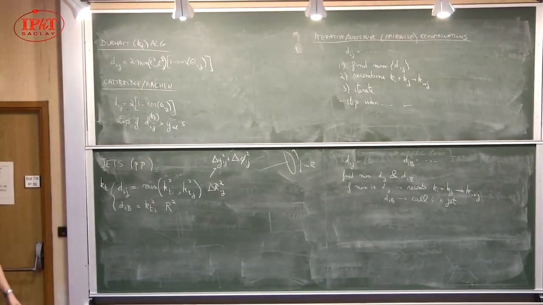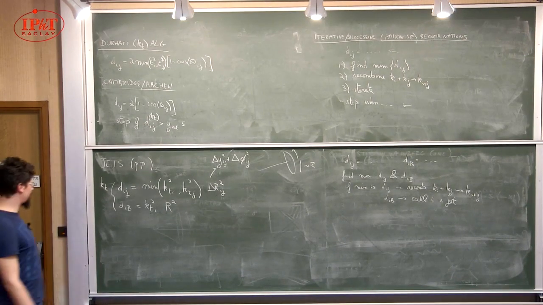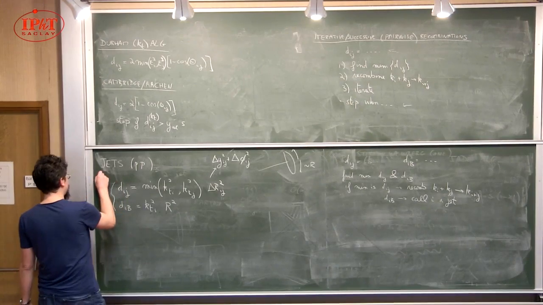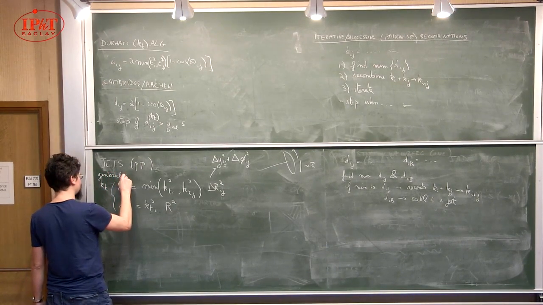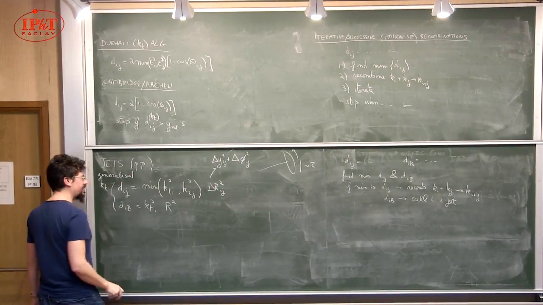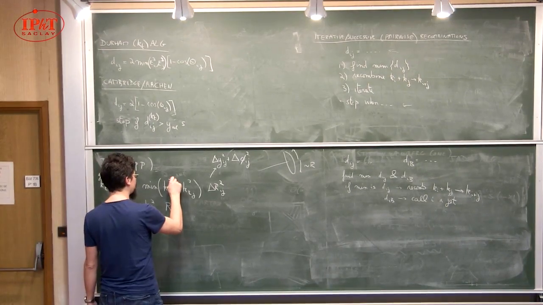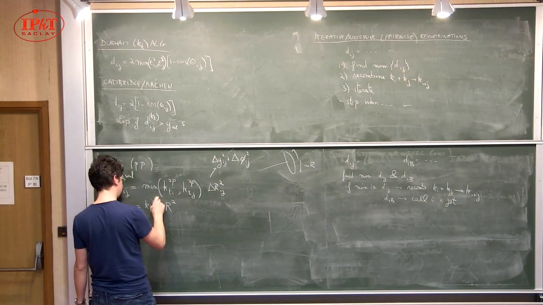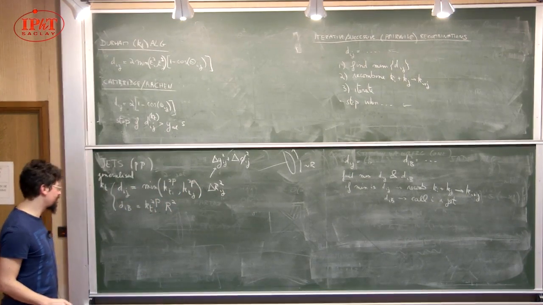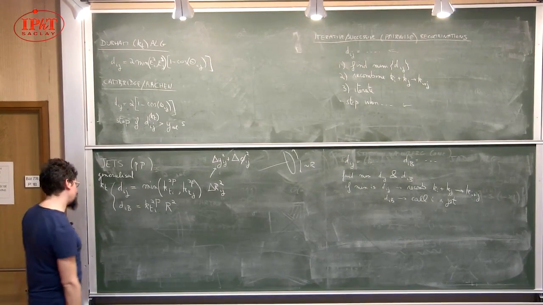Now, you can slightly generalize this in a way that allows me to cover all the cases of interest. I'm going to discuss what people call the generalized kt. This works by taking k_t to some power 2p instead of 1, and there are essentially three interesting cases.